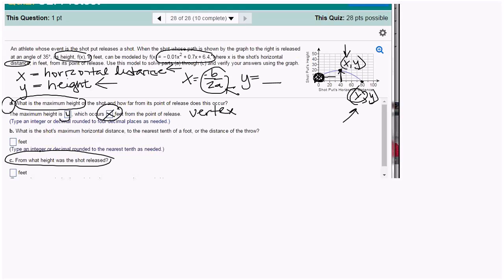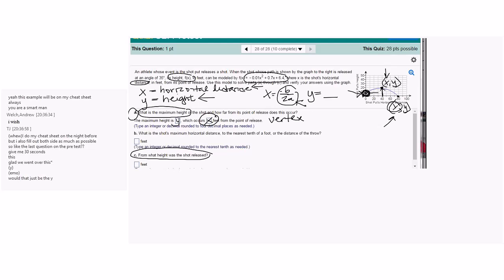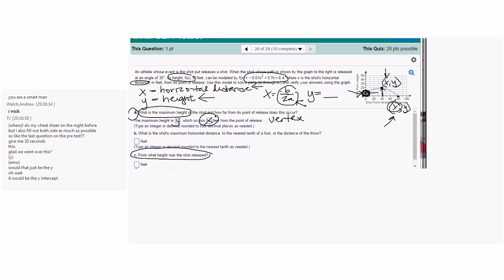So if you're thinking of a shot put, you've got a person holding the shot put at shoulder height. What part of this graph are we looking at for this release point? It would be the y, yeah, but it has a special name.